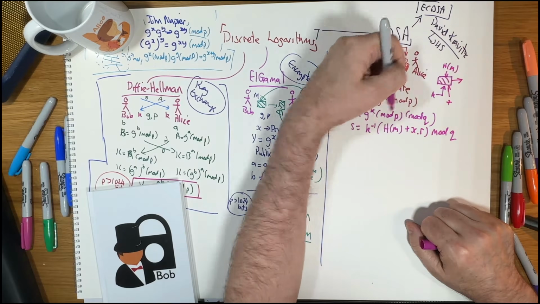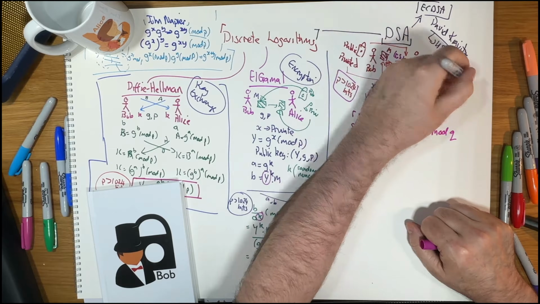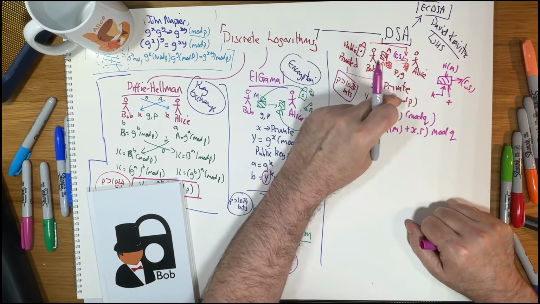This will produce the values of R and S for our signature.